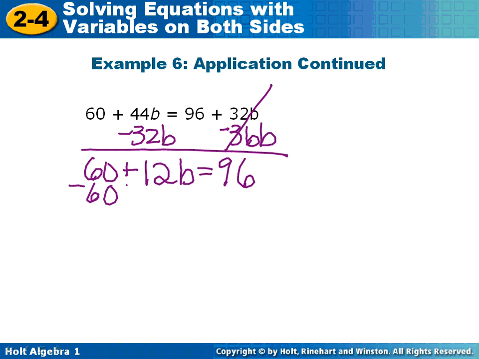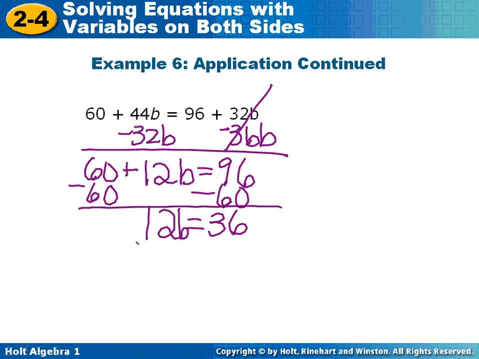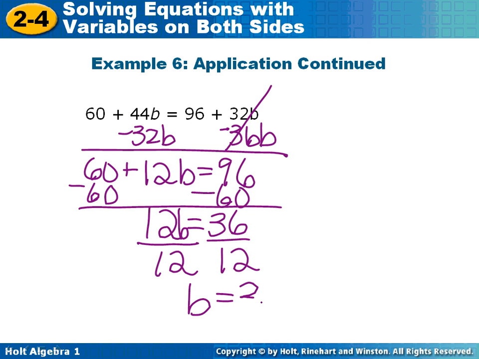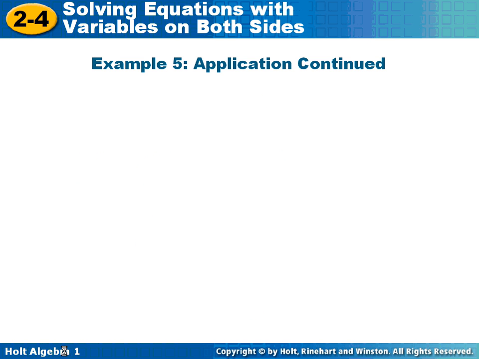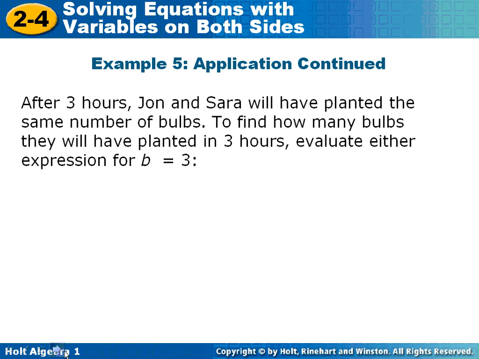Numbers to the right. 12b is equal to 36. Always divide by the number in front of the b. And b equals 3. So we know that after 3 hours, John and Sarah have planted the same number.